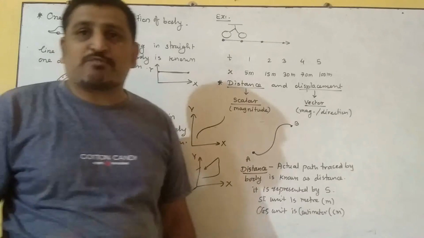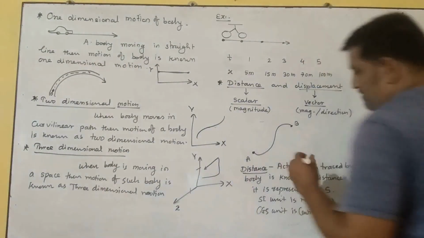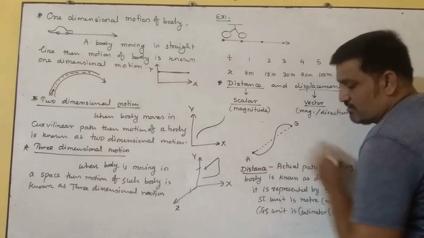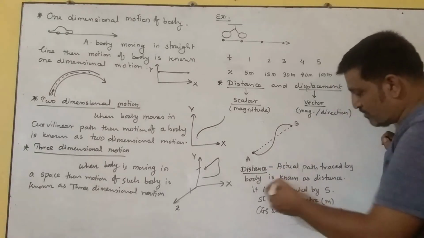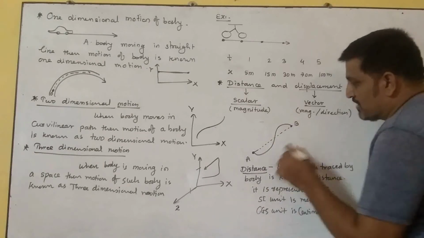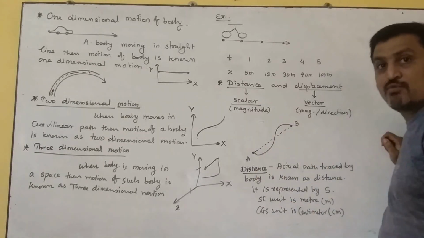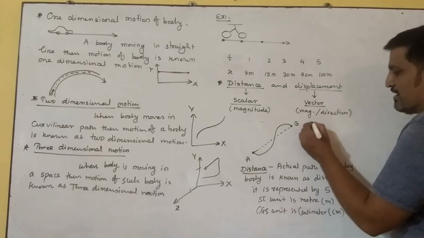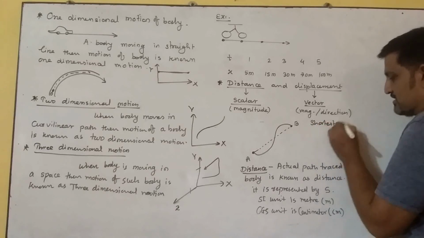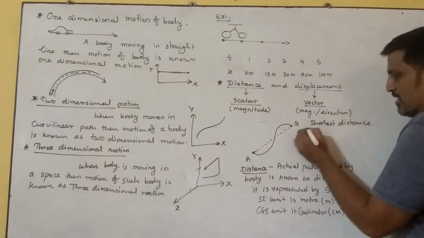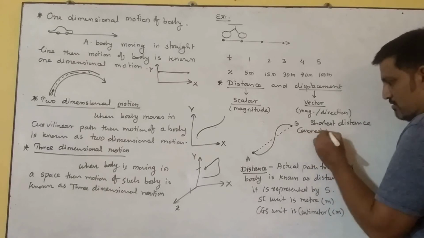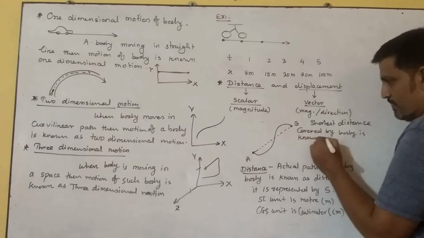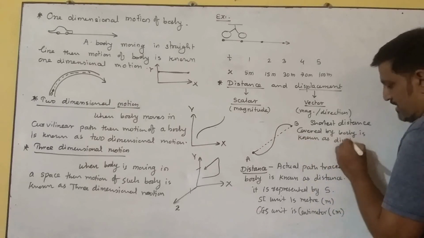Now what is displacement then? Sorry, the actual path traced by the body is the distance, but the displacement is the shortest distance covered by the body. So the definition for displacement I can write: shortest distance covered by the body is known as displacement, right?